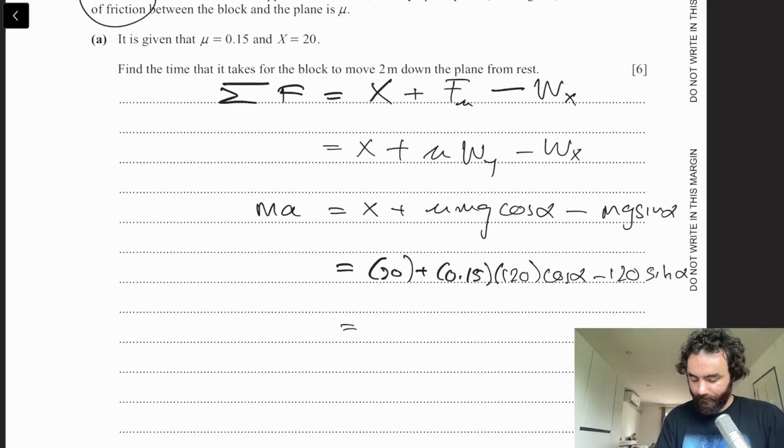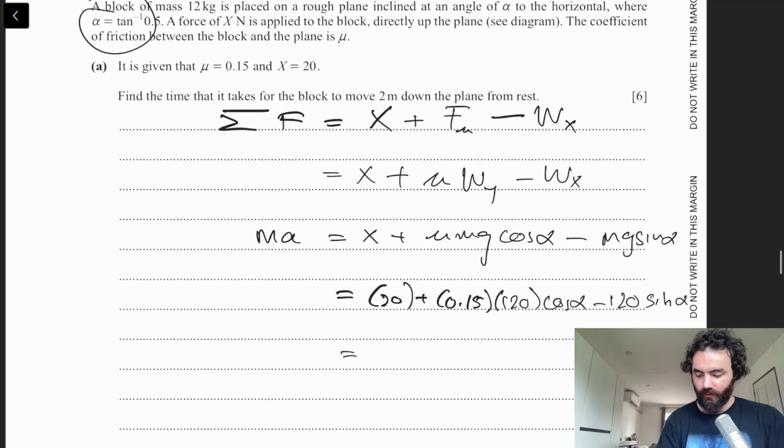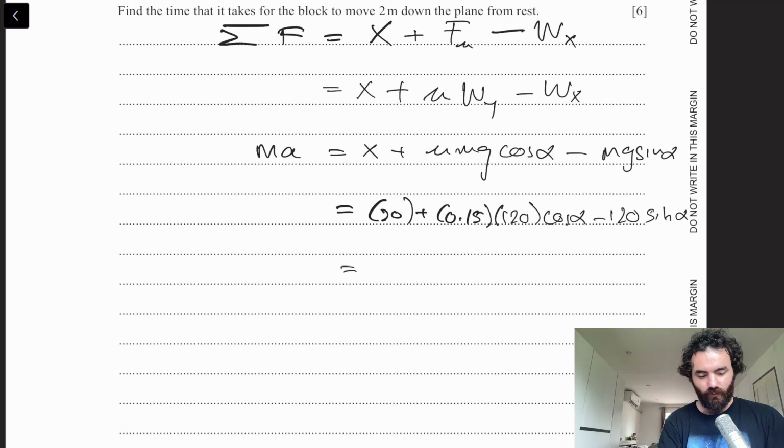So we get 0.15 times 120 cos of this answer, which I just got here, minus 120 sine of this answer. Gives us that plus 20.